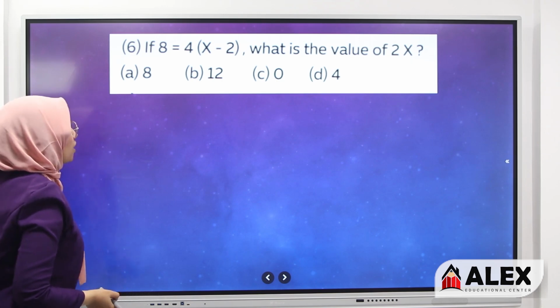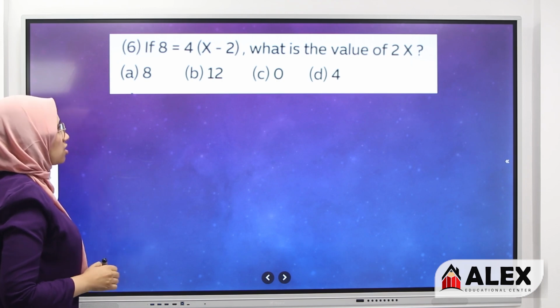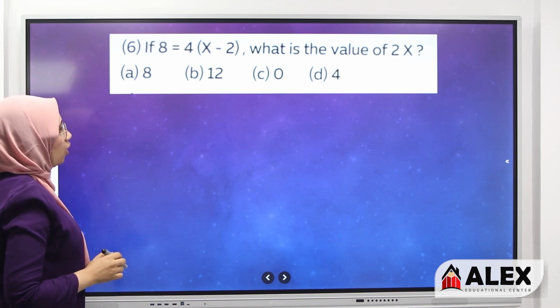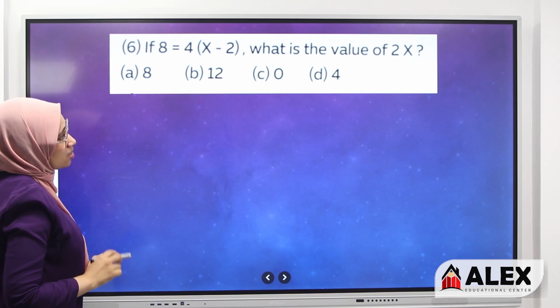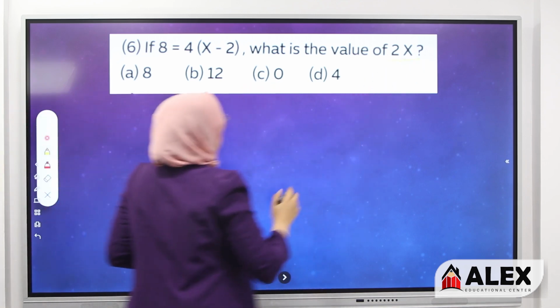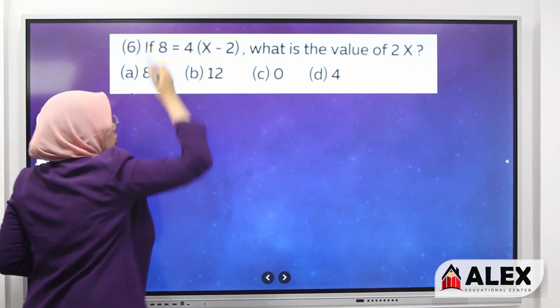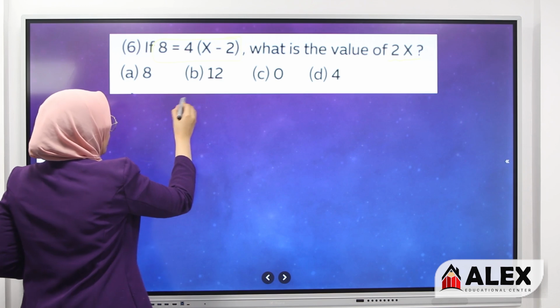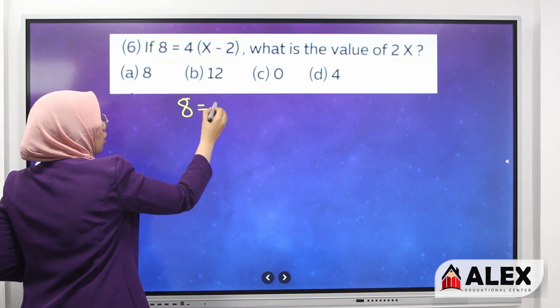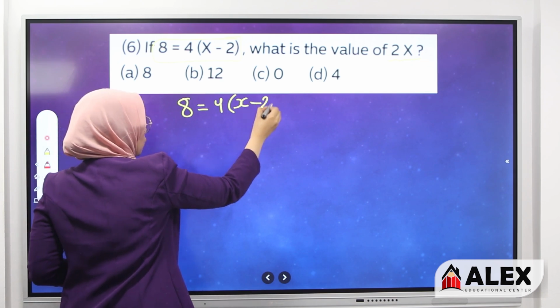Number 6. If 8 equal 4 bracket x negative 2, what is the value of 2x? Okay. Value of what? 2x. Okay. Here is an equation. 8 equal 4 bracket x negative 2.